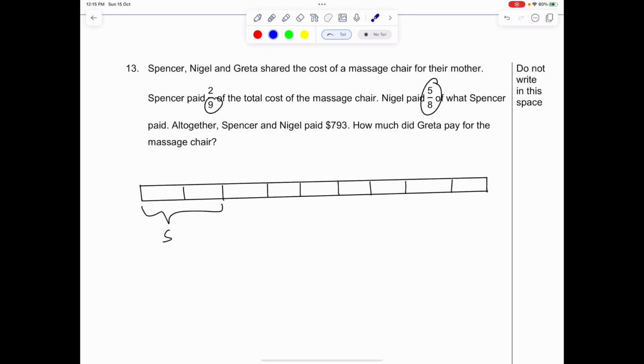Therefore, we're going to take 1 unit and then we're going to divide it by 4. So now it gives us 8. Right? 5 of 8. So we count 1, 2, 3, 4, 5. This is actually what Nigel paid.